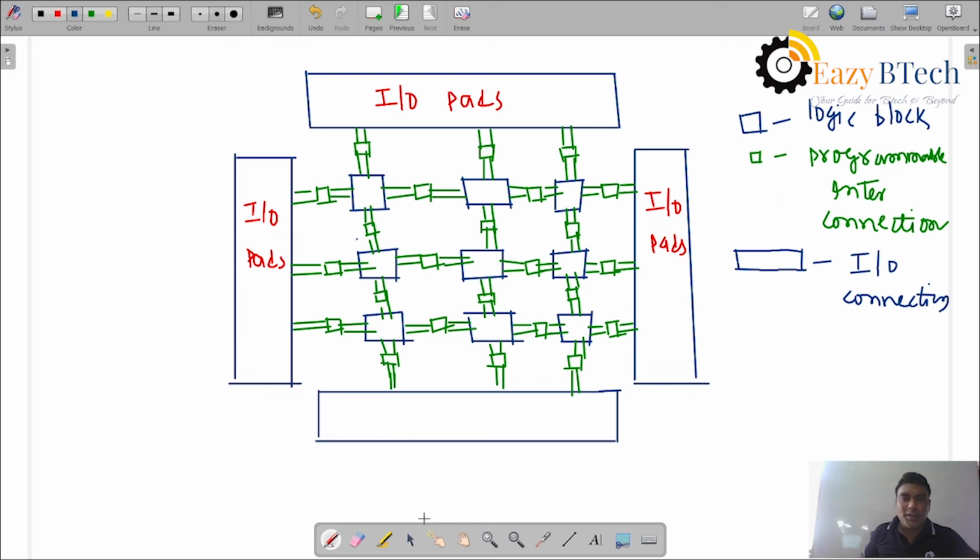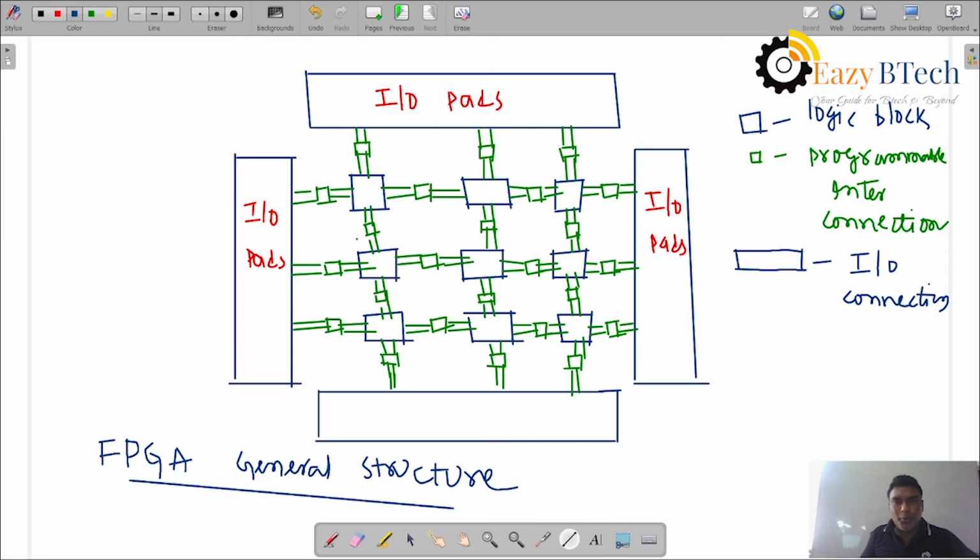Okay, this is the general structure of the FPGA: input output pad connections and logic blocks.